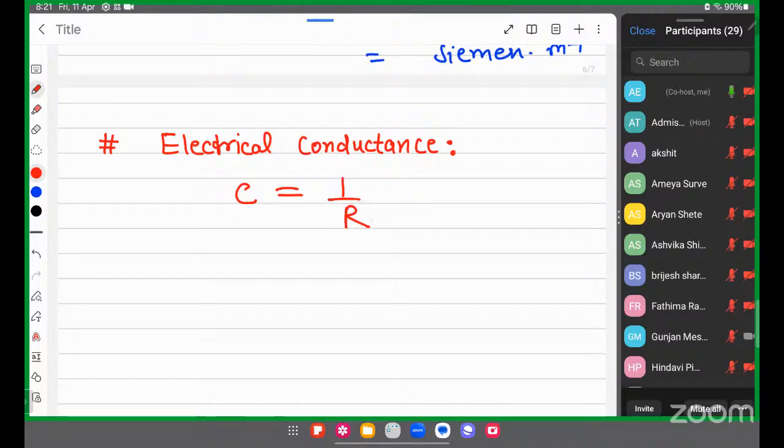Unit for resistance R is ohm. So unit for conductance will be ohm inverse or mho. Understood? Sometimes ohm inverse is also written this way in books, meaning in reverse direction. Understood?